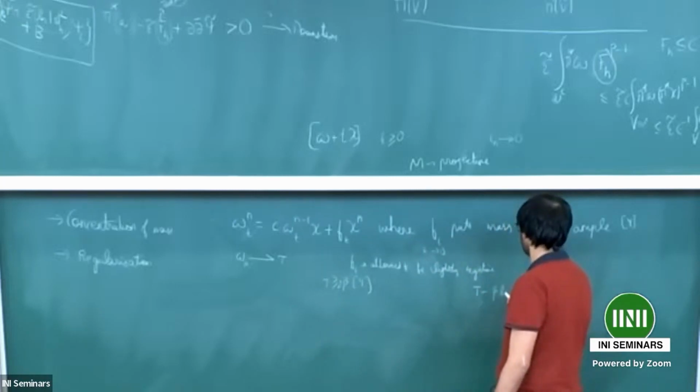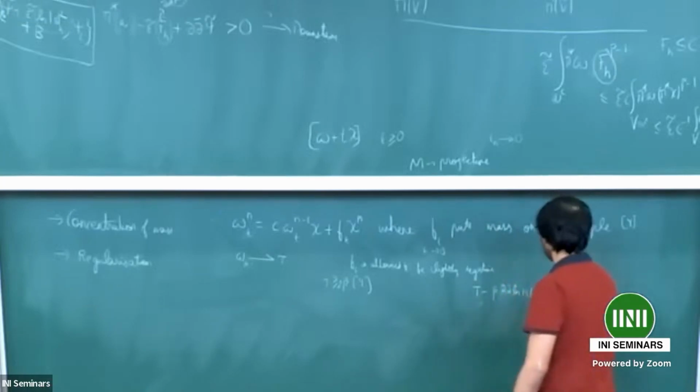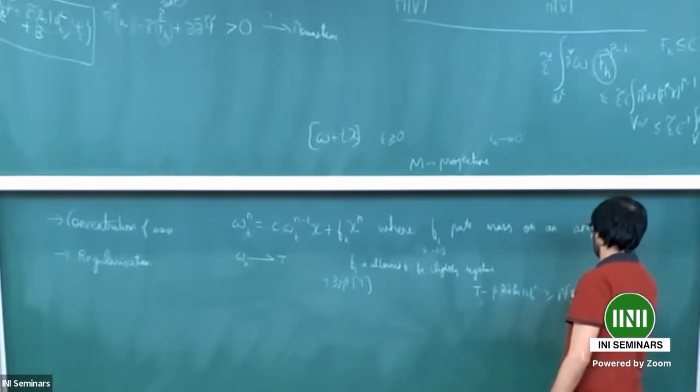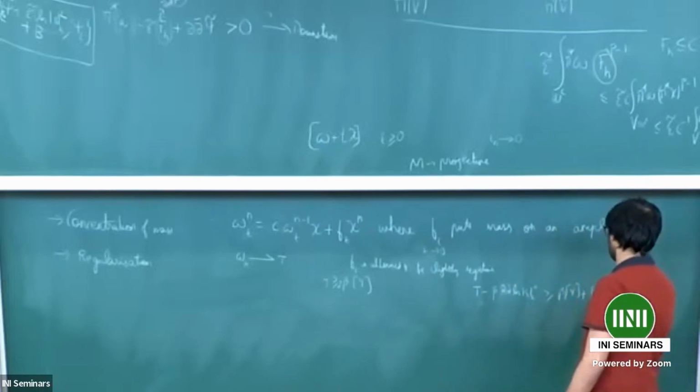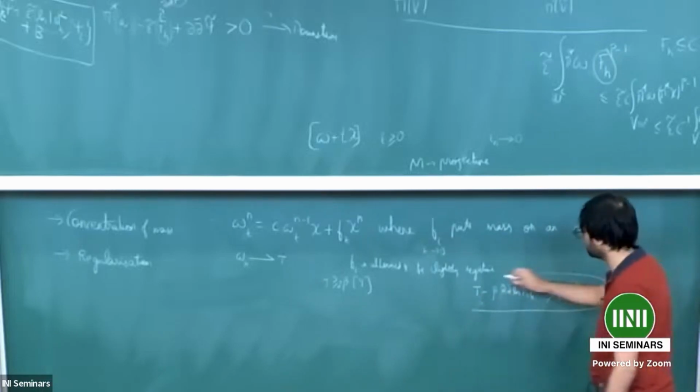You subtract this off. Then this is larger than a Kähler current. This is a Kähler current.